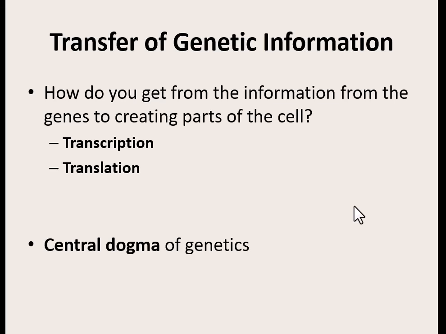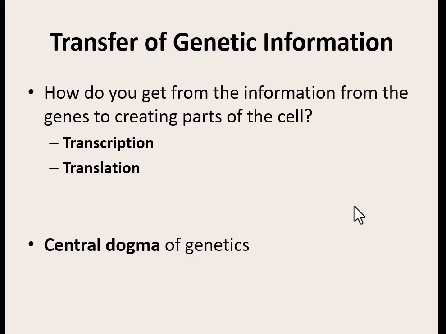Now, how do we get information from the genes, those snippets of DNA, to actually code for something? It's a two-step process known as transcription and translation. We get that information from our DNA, those genes, to actually translate into something.